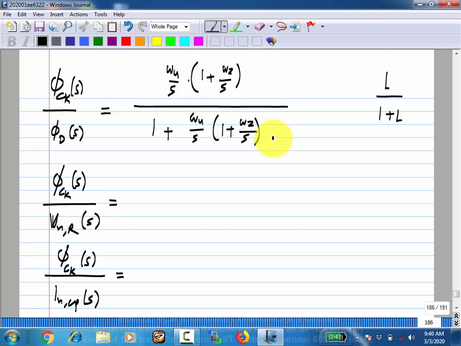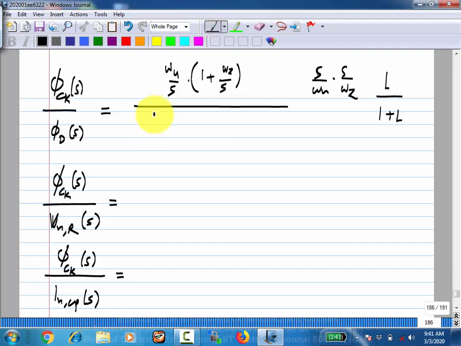Now it's always beneficial while plotting, and for circuit purposes, to have it sorted in powers of S and then have the DC term be 1 if possible, right? So multiply both numerator and denominator by S by omega u, S by omega z.